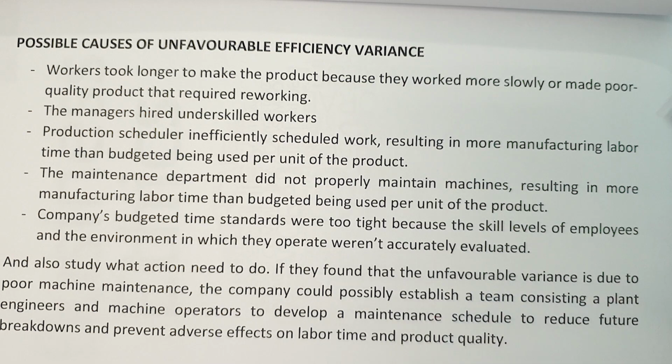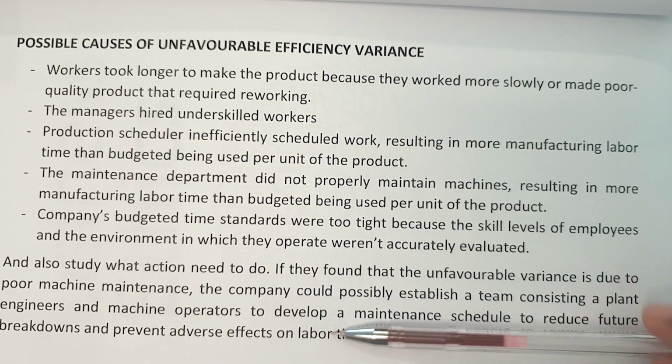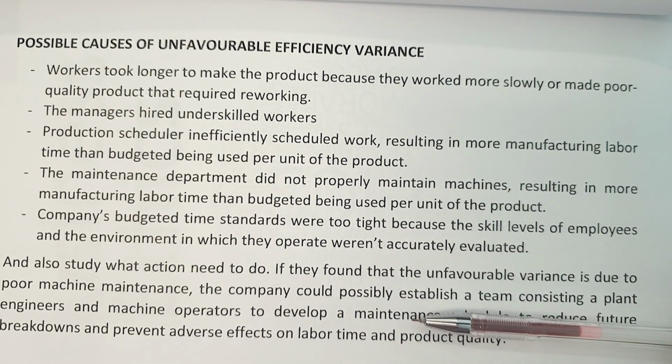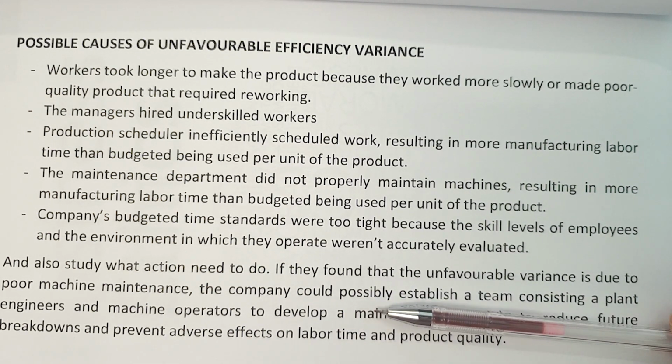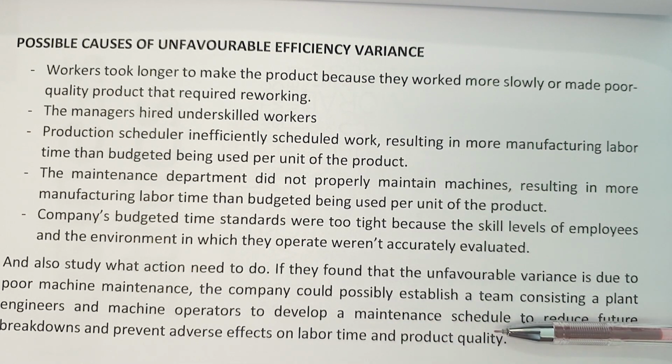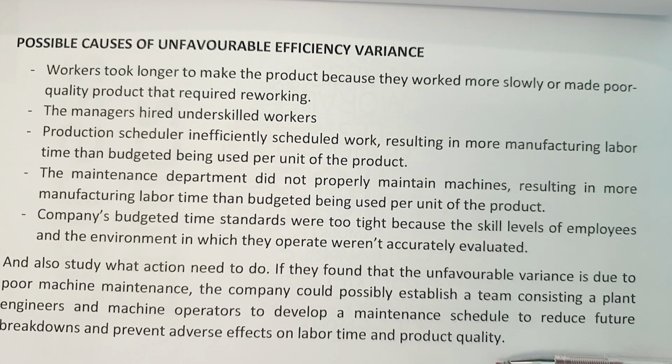And also, the management accountant needs to study what action they need to take. If they found that the unfavorable variance is due to poor machine maintenance, then the company should possibly establish a team. They need to build a team consisting of plant engineers and machine operators to develop a maintenance schedule to reduce future breakdowns and prevent adverse effects on labor time and product quality.